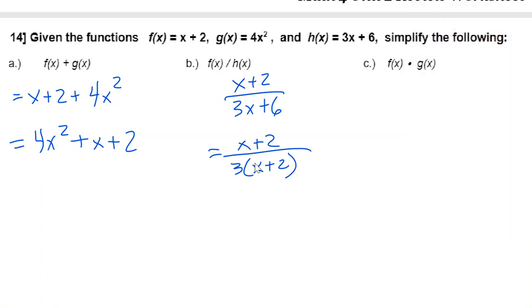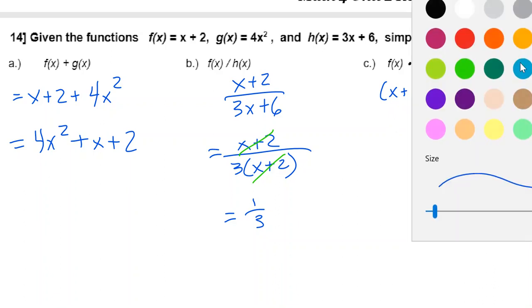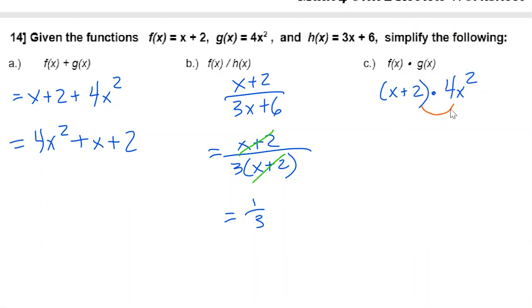Yes, indeed. I can cancel out that and that, which means that my answer is 1 left over 3. And then for the last one, I say x plus 2 times 4x squared. That means I'm going to distribute this guy here and here. And I'm going to wind up with 4x cubed plus 8x squared.